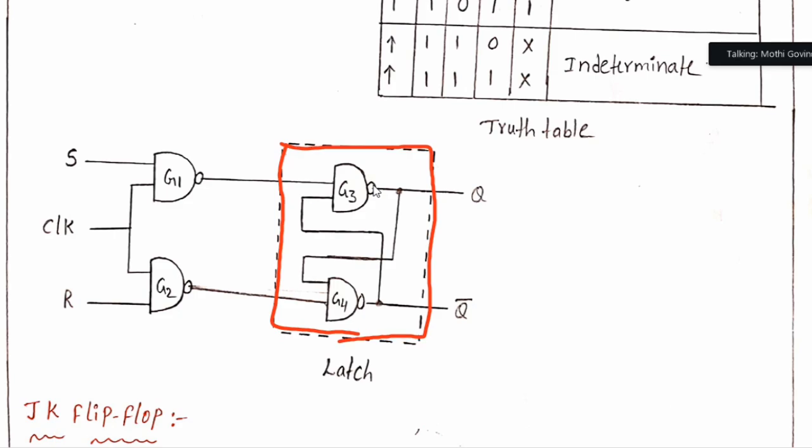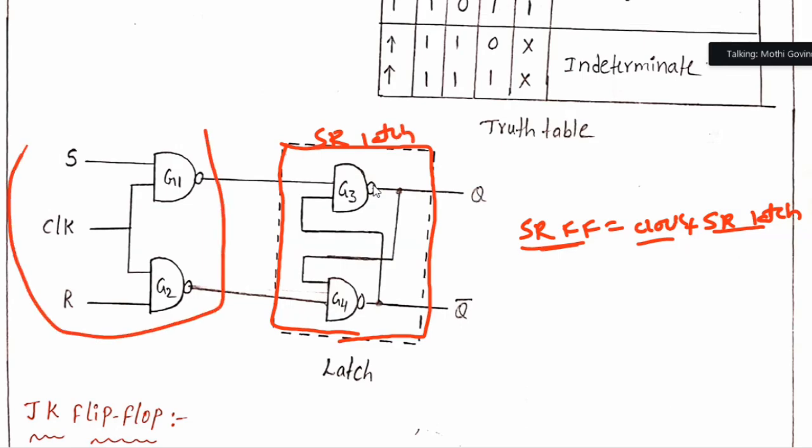So SR flip-flop equals SR latch plus a clock. This part is the SR latch, and the rest is simply the clock enable. Clock plus SR latch gives us an SR flip-flop.